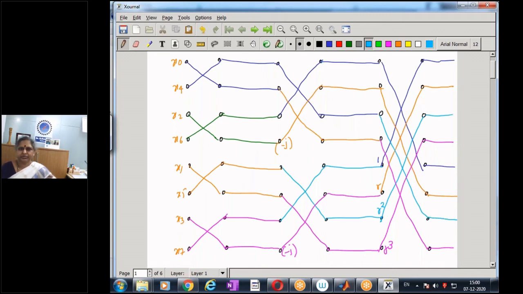And here my outputs are going to be in sequence. So I have my x0, x1, x2, x3, x4, x5, x6, and x7. They're all in sequence. The input is not in sequence. The output is in sequence.